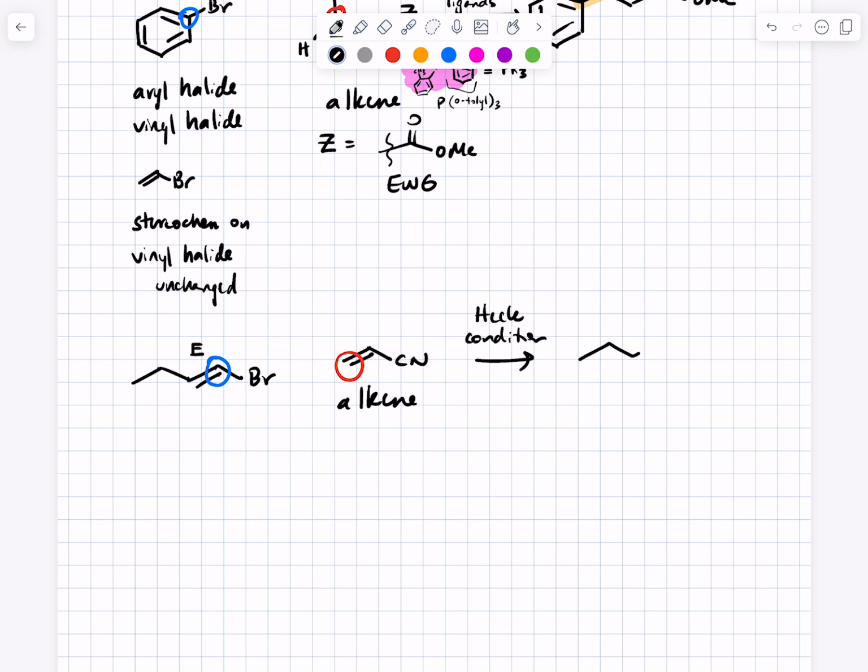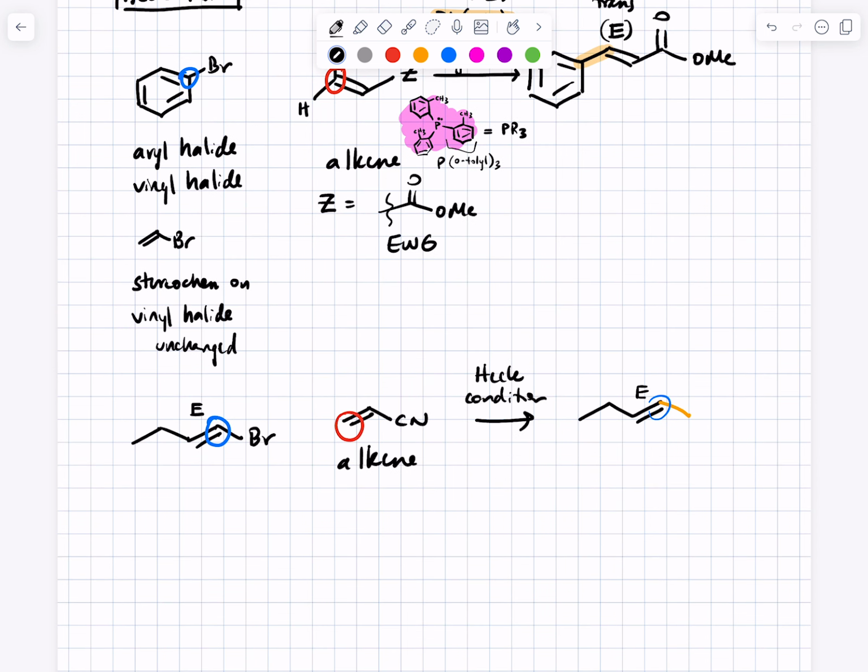Notice that on the vinyl halide side, I'm going to illustrate in orange the new bond that we formed. Notice the stereochemistry there doesn't change at all. In other words, on the vinyl halide side, this double bond is still E. On the other side, where we make the alkene, we're going to selectively make the new bond on the trans side of that alkene. So this one stays the same, and the reaction is selective for E stereochemistry on the other side.